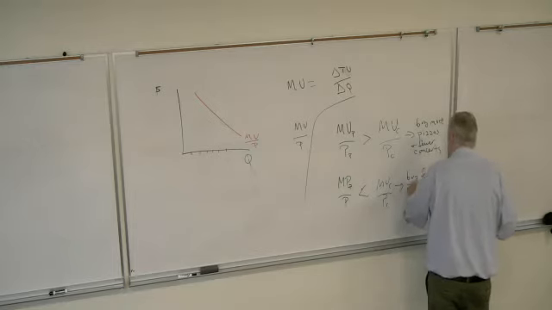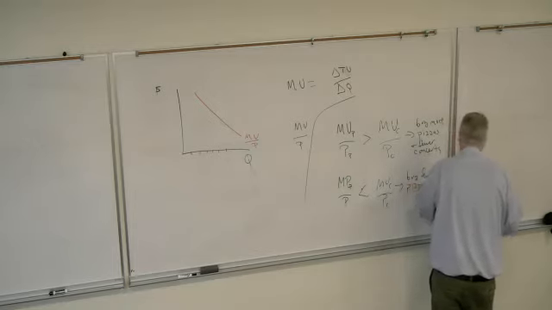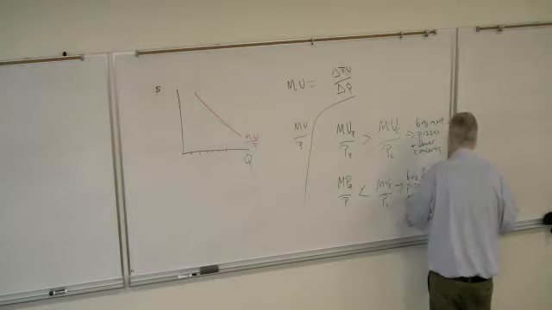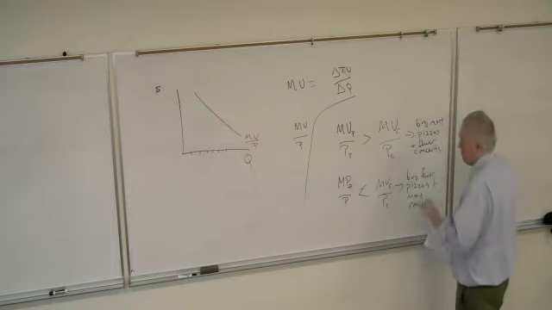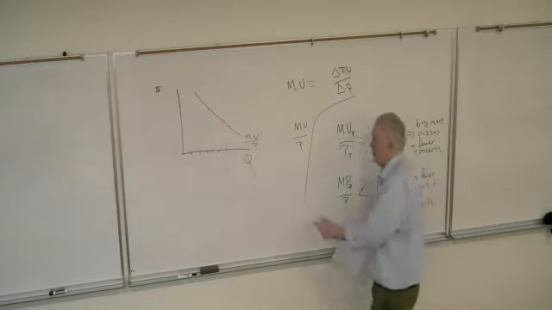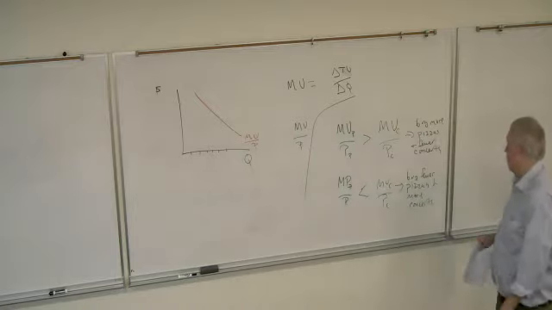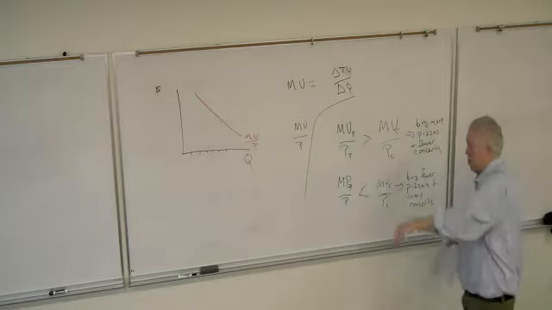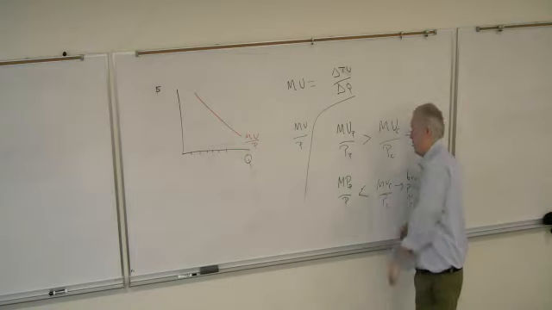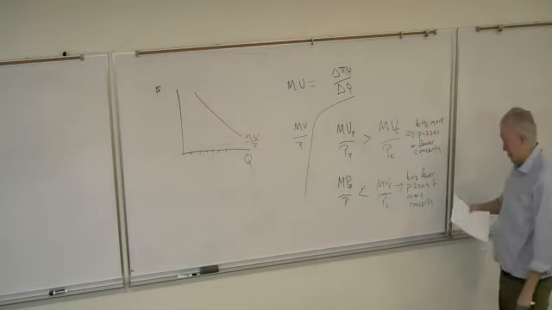We're still talking about the same dollar amount. Buy fewer pizzas and more concerts. The reason why is this: if you buy fewer pizzas, you're going to slide up along the marginal utility to price curve, and by buying more concerts, you're going to go down on the marginal utility curve. So one thing going up and one thing going down is going to bring that into equality.